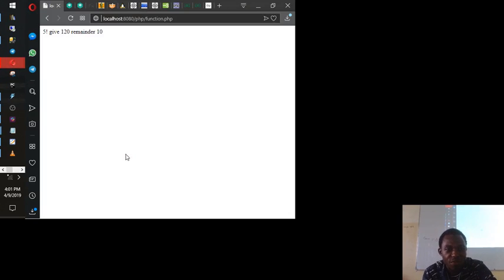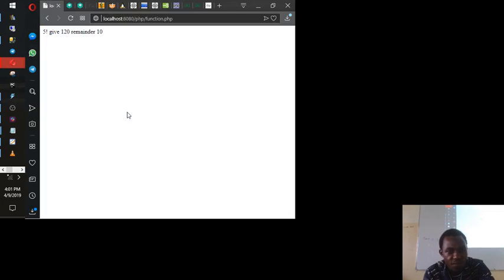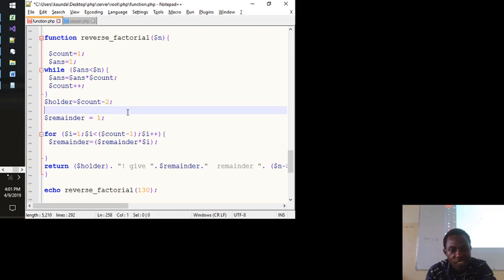So that's it. I'm now thinking why I subtracted 2. If you subtract 2, it works. It works. So 5 factorial gives 120. Remember 10.